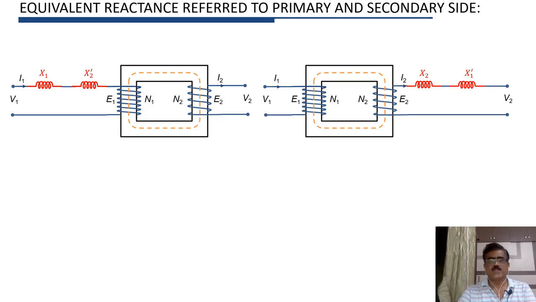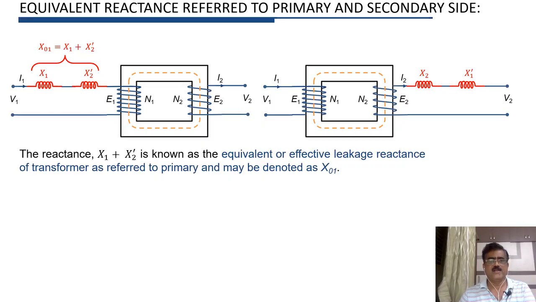Now when both the reactances are transferred on primary side, then we can add reactances X1 and X2 dash. This X1 plus X2 dash is denoted by X01, and this X01 is the equivalent or effective leakage reactance of transformer as referred to primary.